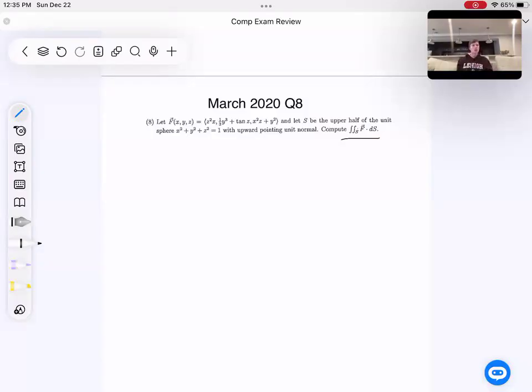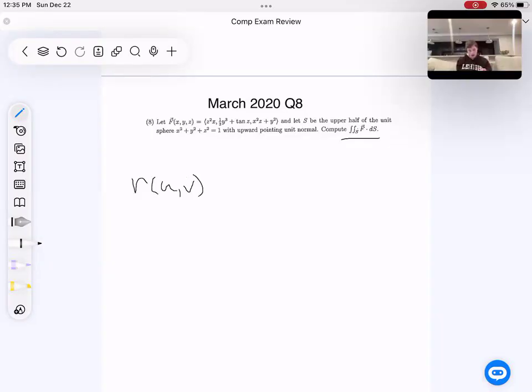So normally to compute a flux integral, you can pretty easily turn it into a double integral by finding the parameterized surface, which is usually referred to as R of u and v, where u and v are our parameters.